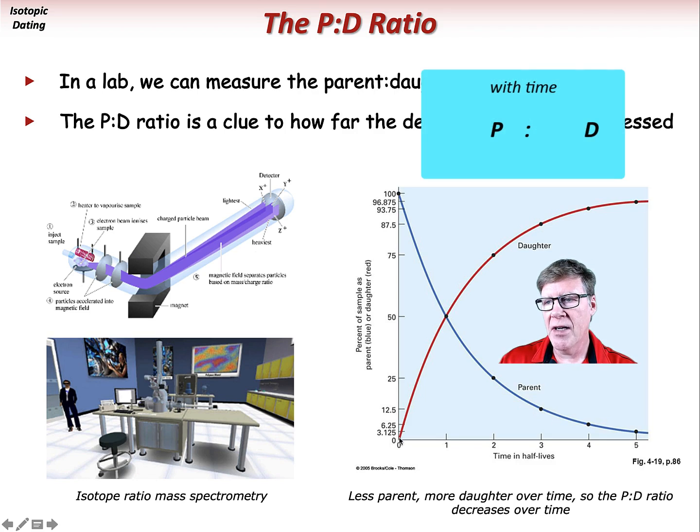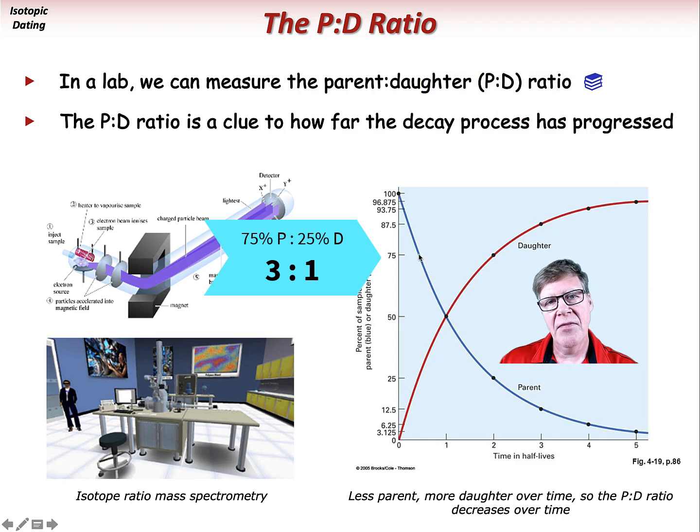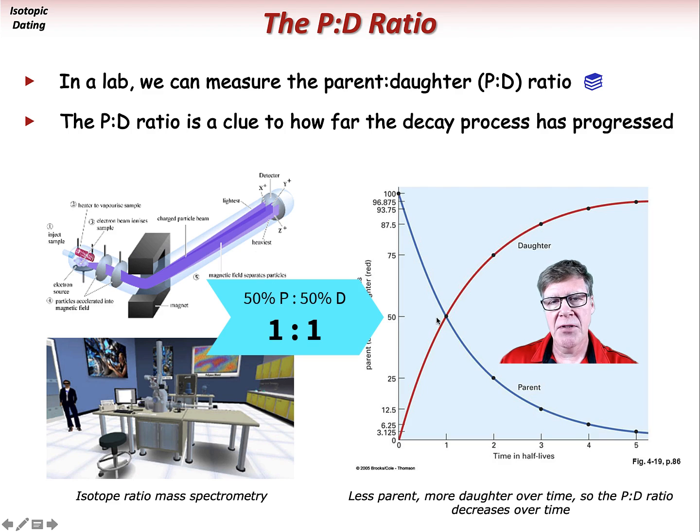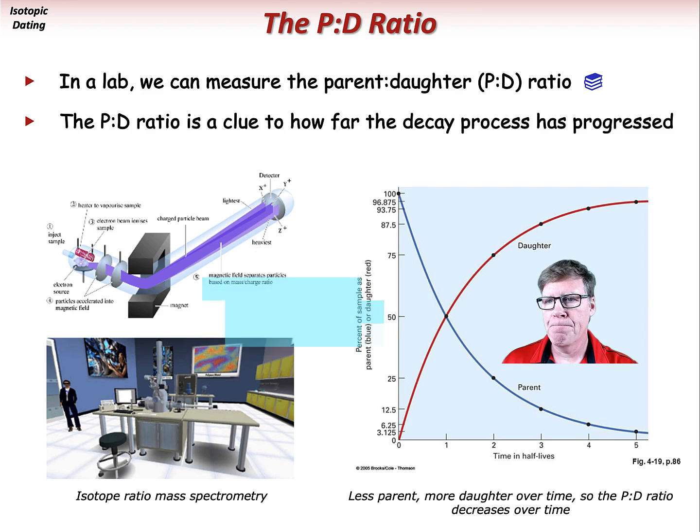With time, we will have less parent and more daughter. At some point, we will have 75% parent, 25% daughter. That would have a parent-daughter ratio of 3 parts parent, 1 part daughter, or 3 to 1. With continuing decay, we'll get to the point where there's 50% parent, 50% daughter. This would be a 1 to 1 parent-daughter ratio.